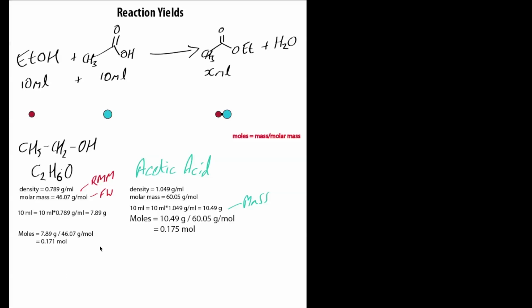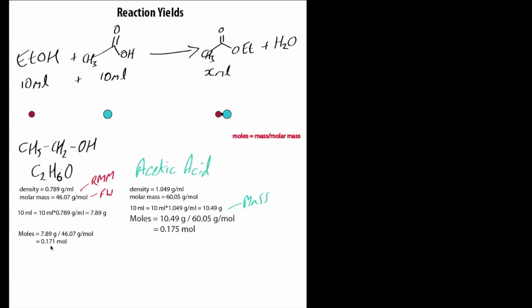Now this is a real case situation here. We've not rigged the maths to suit our calculations. We literally took 10 mils of ethanol and reacted it with 10 mils of acetic acid. But we've got these strange numbers. So how much ethyl acetate should we expect?